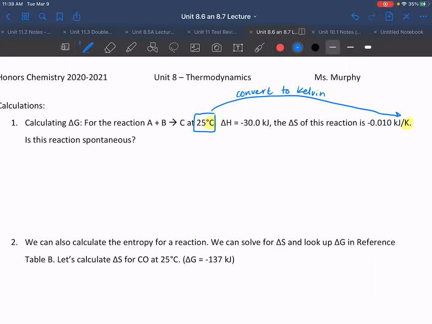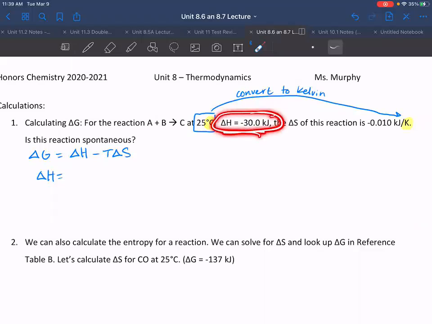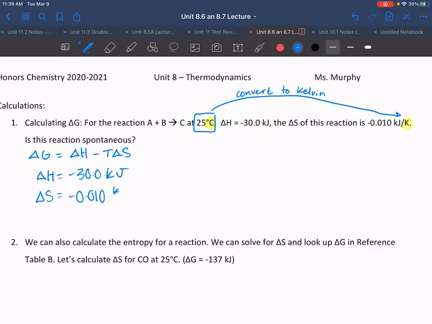Okay, so we're going to determine if this reaction is spontaneous or not. So if we have our delta G is equal to delta H minus T delta S, I'm going to define my terms. Delta H is equal to, well, that is defined for us in the reaction as negative 30 kilojoules. Our delta S was given to us as negative 0.010 kilojoules per Kelvin.